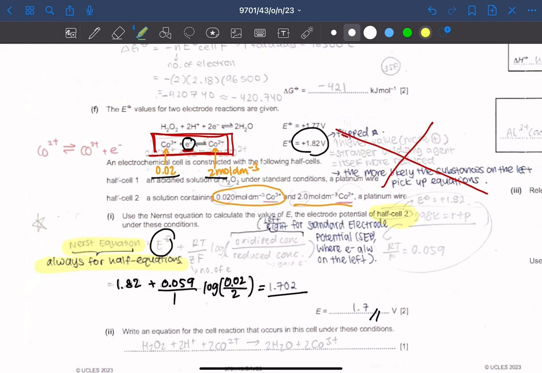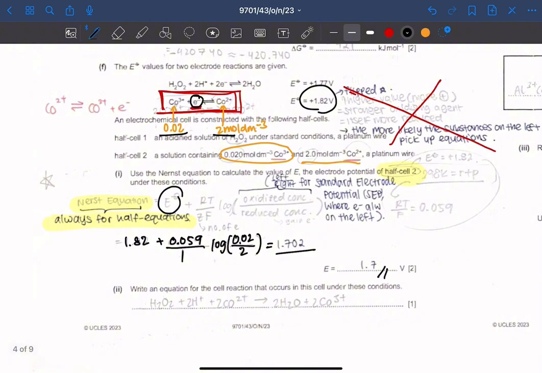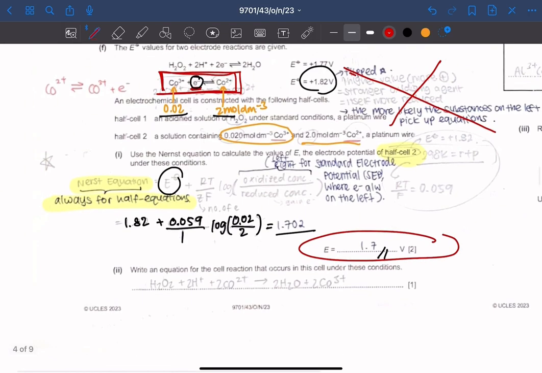II, write an equation for the cell reaction that occurs in this cell under these conditions. So for this question, we should use the newly calculated E naught value of the cobalt half cell, which is 1.7 V. So let's rewrite this.